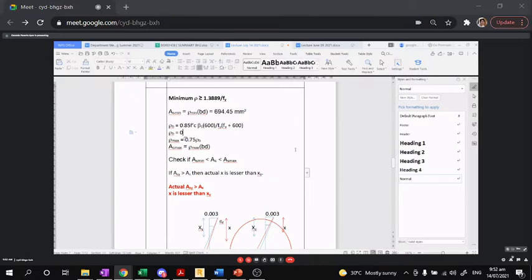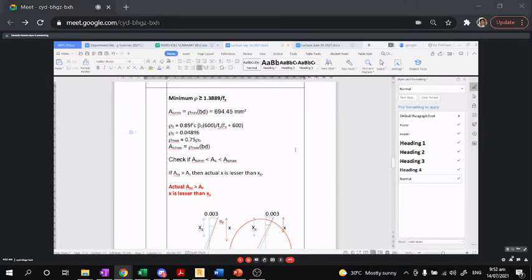So, the ES max is 0.85 times 24 times 0.85 times 600 divided by 250 divided by 850 is 0.04896.